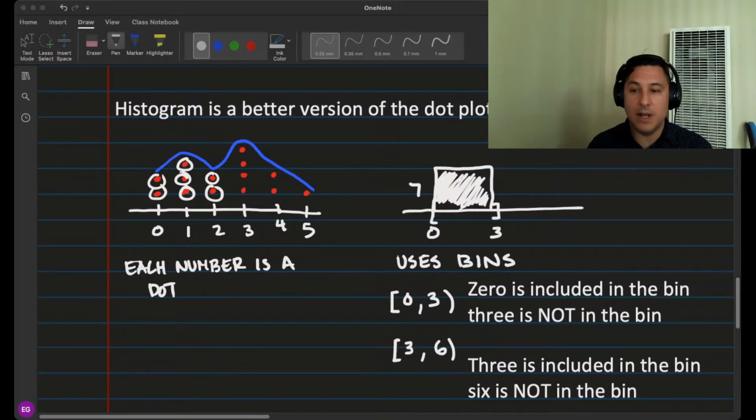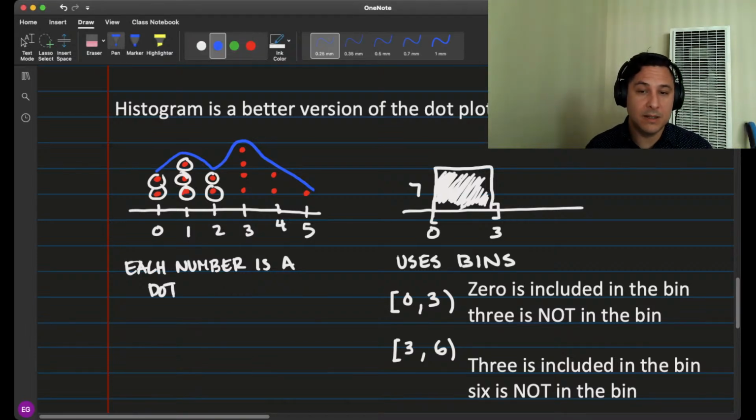Then you need to count how many numbers were there between 3 and 6, 6 not included. So let's use a different color. You get 1, 2, 3, 4, 5, 6, 7 numbers. So this bin looks like that. They're both height 7.